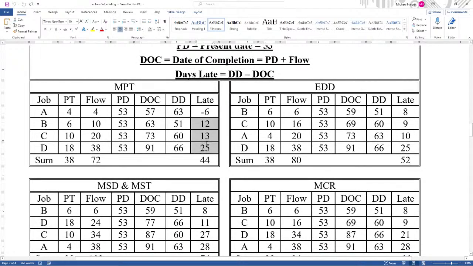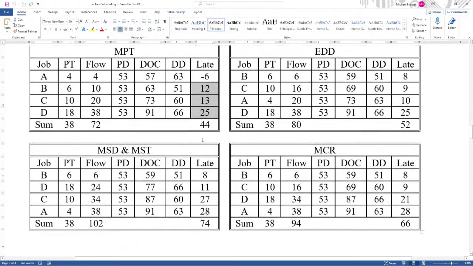Well, here's how many days late B, C, and D are going to be. But when I look at the other schedules, these are all late, these are all late, and these are all late. How about that? Interesting. But I can add up all the lateness, and I include my minus 6 here. So it's 44, 52, 74, 66. Well, let's see here. 44 looks like it's the lowest minimum lateness. So lateness will be another diagnostic that we will be looking at.